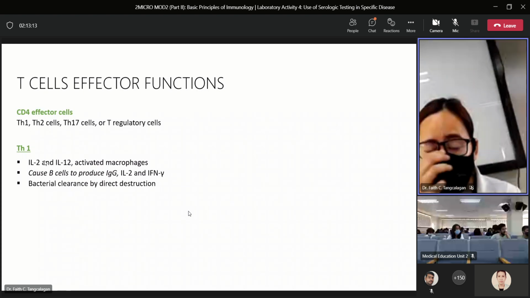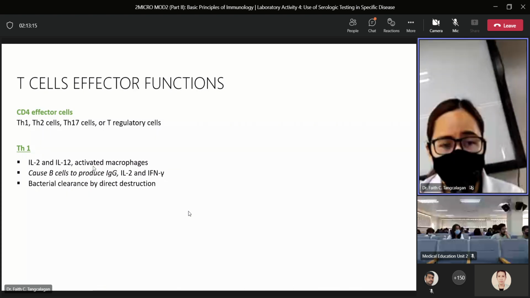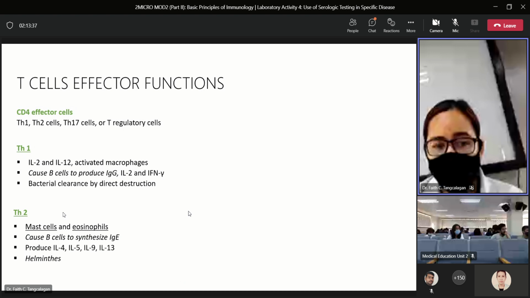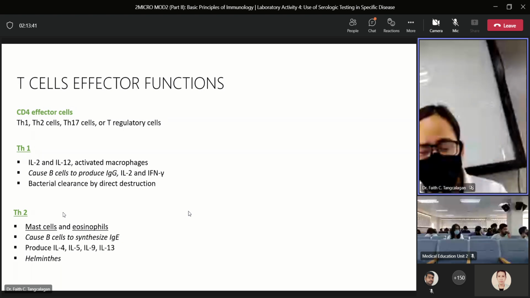It causes B cells to produce IgG, interleukin 2 and interferon gamma, and it involves bacterial clearance by direct destruction. So actually the function of your Th1 is more on direct destruction, no, of the microorganism. While your Th2, its function is more on activating your mast cells and eosinophils.